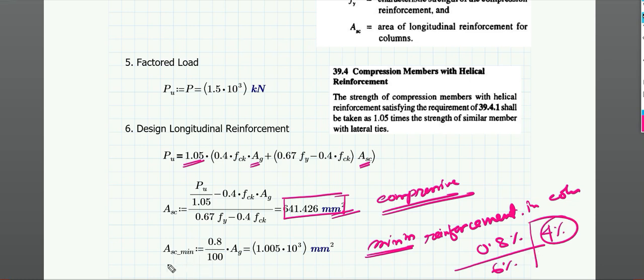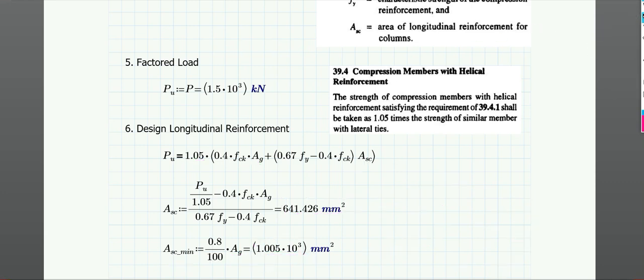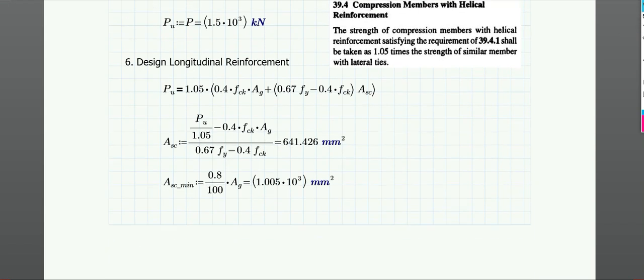So let's see the minimum requirement, which is 0.8%. 0.8% comes out to be around 1000 mm square, but the requirement is 640, so we have to provide the minimum reinforcement. You have to always check whether the reinforcement that you have provided is more than the minimum and less than the maximum. Here the minimum is around 1000 mm square, so that much reinforcement you have to provide, though it is not required as per the design.